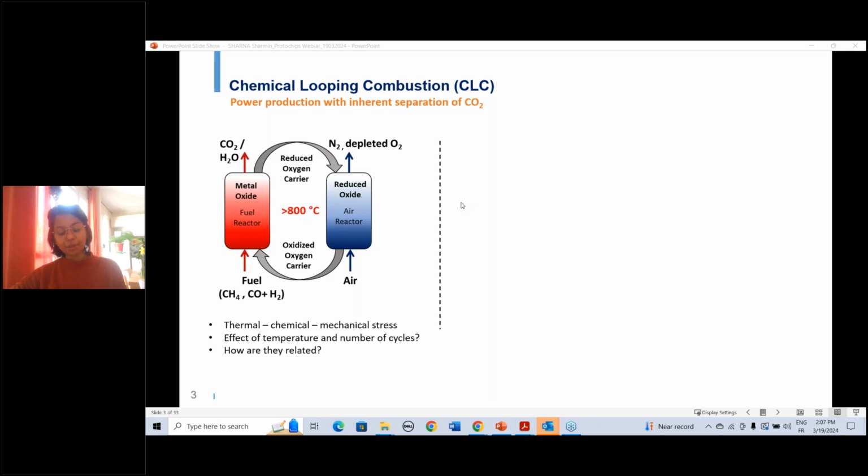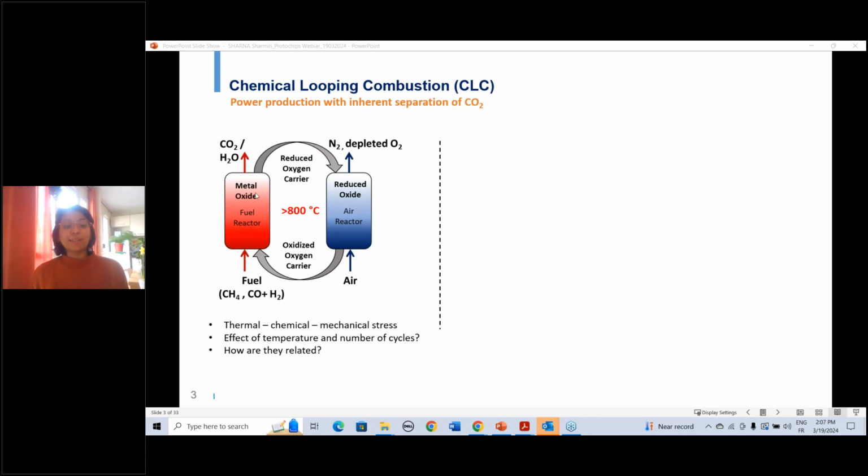So in the CLC process, instead of directly combusting with air, we use a metal oxide instead. This metal oxide will give oxygen to the fuel for the combustion. As a result, what we have is a pure form of carbon dioxide and water, which is easily separable. That's why we call it an inherent separation of carbon dioxide.